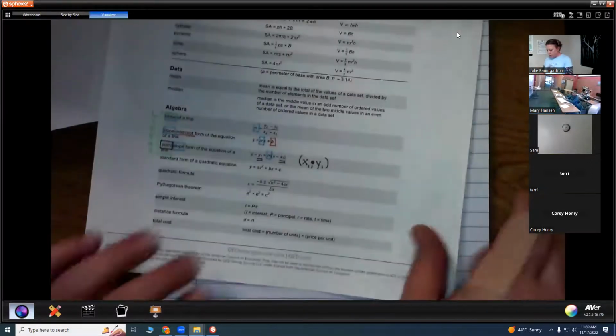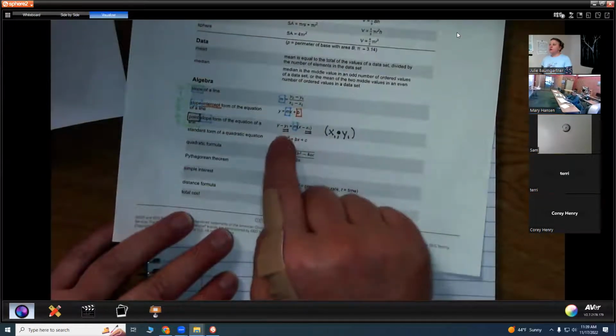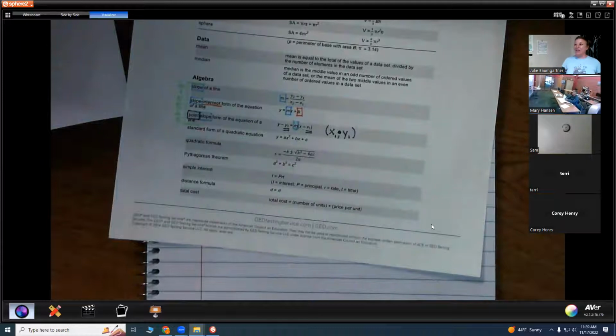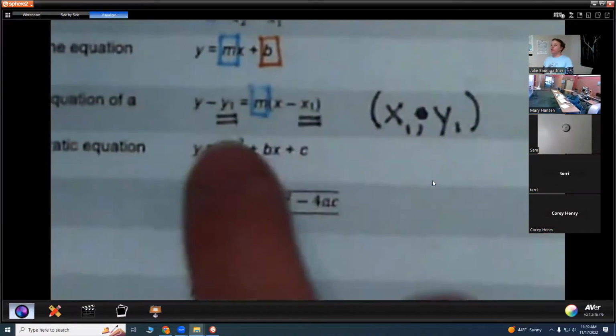But also you have to go to 0. So if you didn't know B and you needed to, what you could do is, if you know the slope.